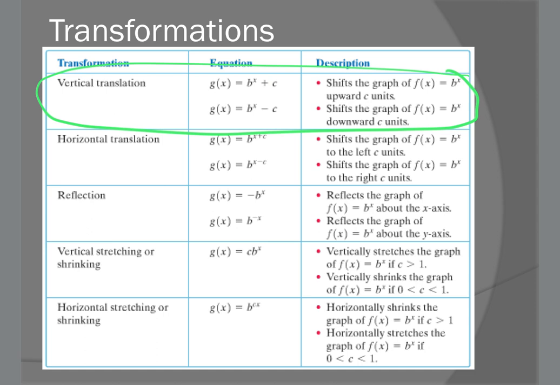So notice the difference: if I add or subtract something outside the exponent, it causes a shift up or down. Your points will still map where they're supposed to be, but you have to know to shift your asymptote, okay? And most of the time, it's easier to shift the asymptote and then plug in your points so that you can see that shift happen.